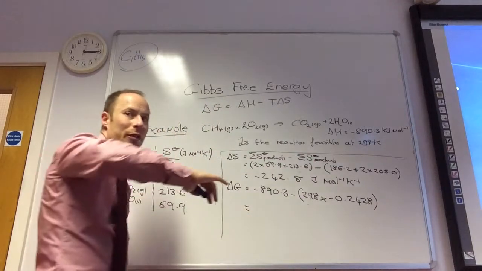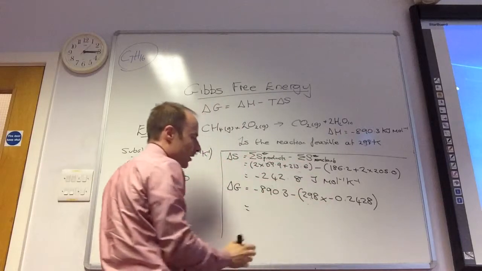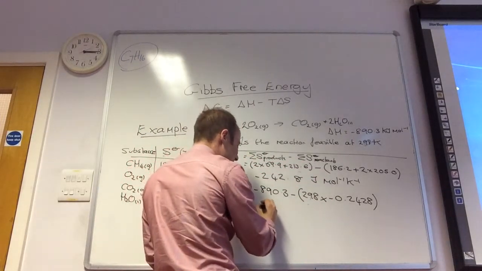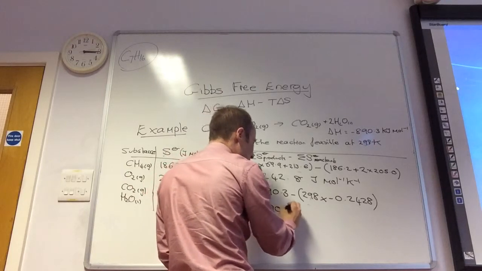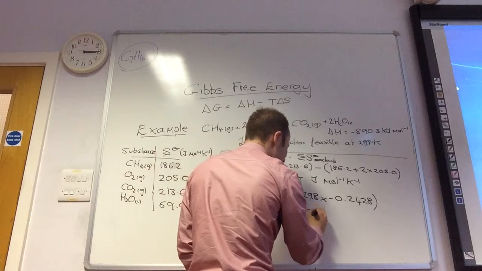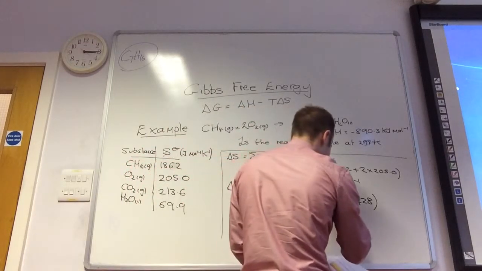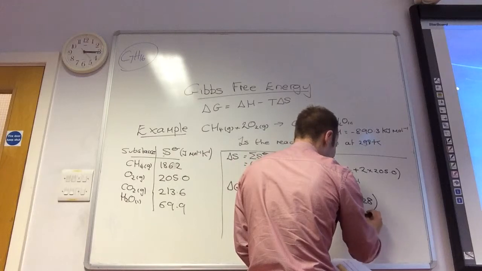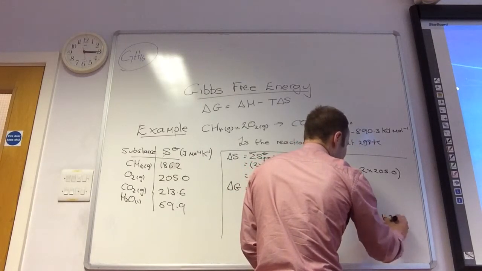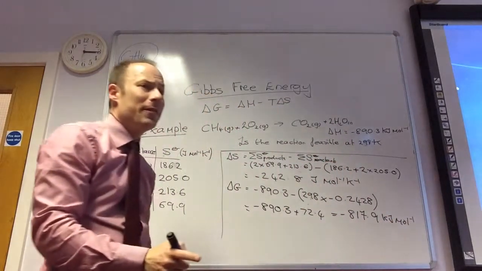That's why it's useful to do that in brackets. So that's a minus times a minus. If I do that, it becomes minus 890.3 plus 72.4, and that becomes minus 817.9 kilojoules per mole.